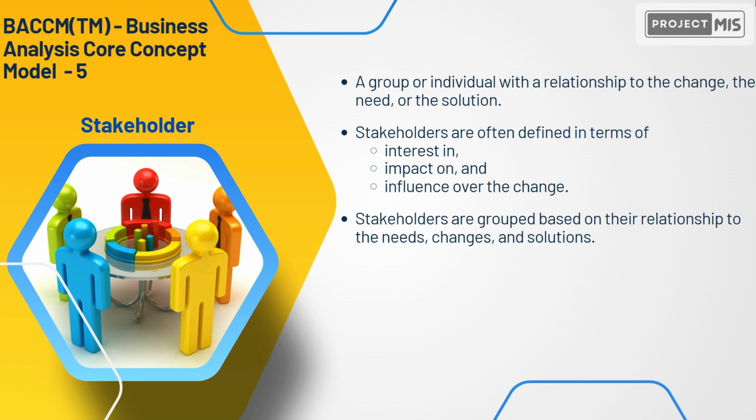So they can have different levels of interest or different levels of impact, and that is how we define who can be called a stakeholder. Stakeholders can also be classified based on their relationship to the need, change and solution. A simple example: you are working on a software where we have different sets of users.